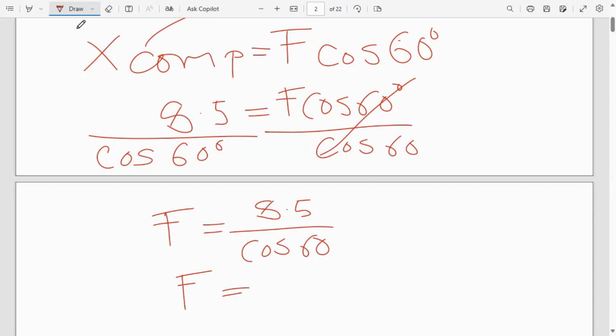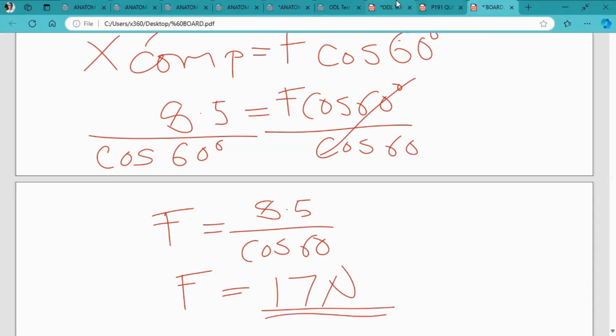I'm getting a value of 17 newtons exactly. So which means the value of our F is 17 newtons.